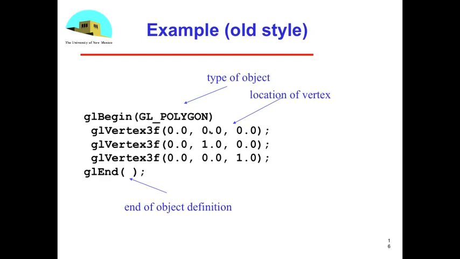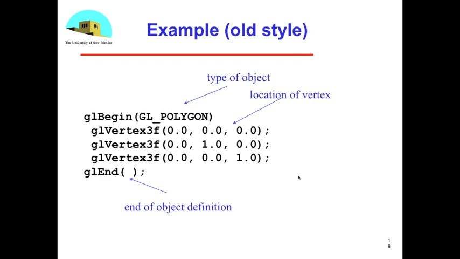Then we can give it the location of the vertices. So we say, okay, here's the first vertex. It's a 3-dimensional vertex. I'm going to give you its values as floating point numbers, so it's at 0, 0, 0. Likewise for the second vertex and the third vertex. And then you say, well, I'm finished with that. It's just a triangle, so I use the function glEnd.